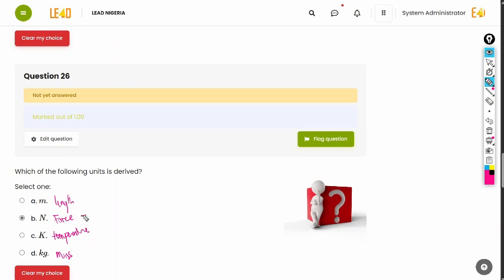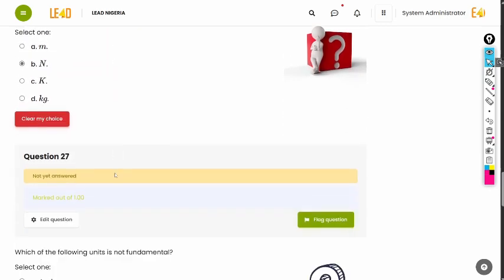Force is mass times acceleration, and acceleration itself is length over t squared, so it's even derived from a derived unit. That's 26. So the answer is N, newtons, for force.